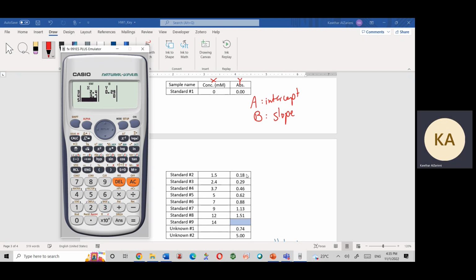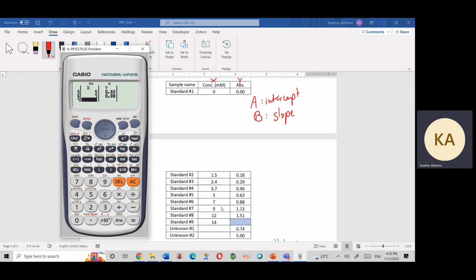3.7, because it goes down and then you don't really know where your cursor is. 0.46. And then for 5, y is 0.62. 7, 0.88.